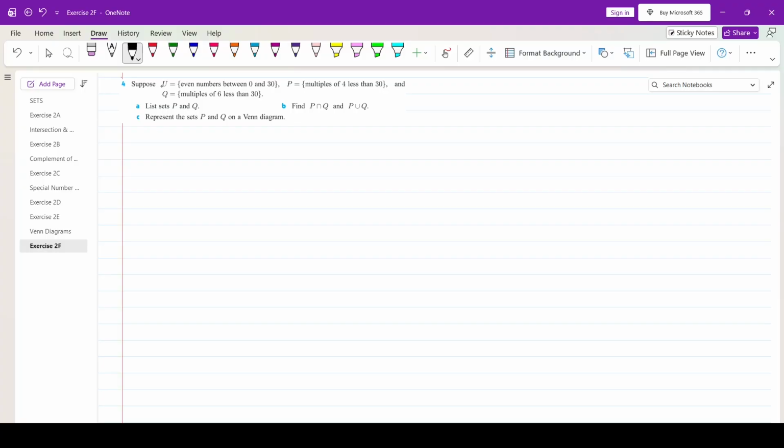Suppose U, that is universal set, is a set of even numbers between 0 and 30. So U is going to be 2, 4, 6, 8, 10, 12, 14, 16, 18, 20, 22, 24, 26 and 28.